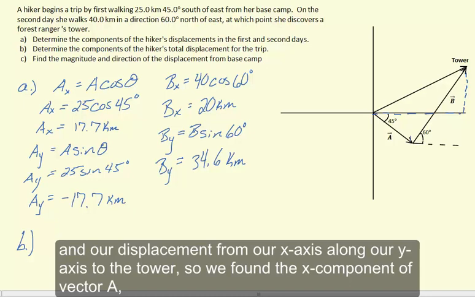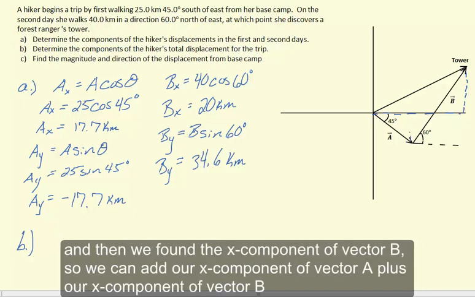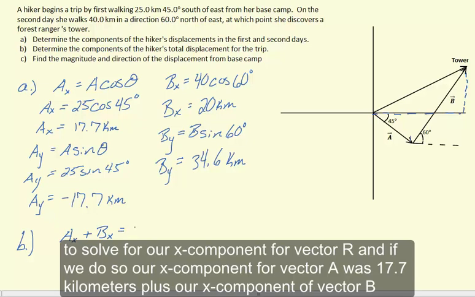So we found the x component of vector A, and then we found the x component of vector B. So we can add our x component of vector A plus our x component of vector B to solve for our x component for vector R.